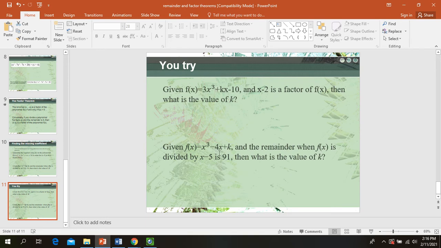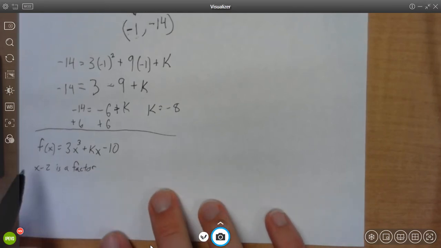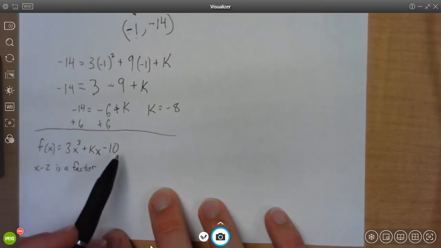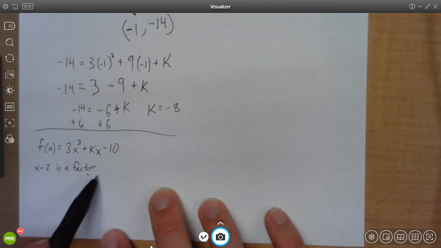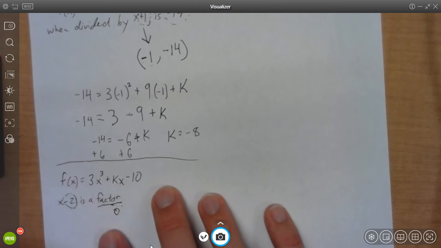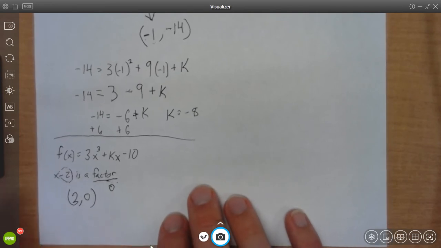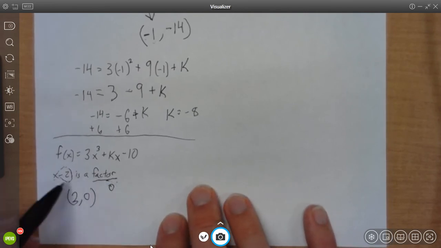Got these 2 problems. I've written them down shorthand on the page. So this polynomial, and this is a factor. We want this to be a factor. So I'm going to use this fact, what we know about factors. It's going to be an x-intercept basically. So we've got the opposite of negative 2, positive 2. 2 comma 0 should be a point that exists on this function according to what they said about factors.